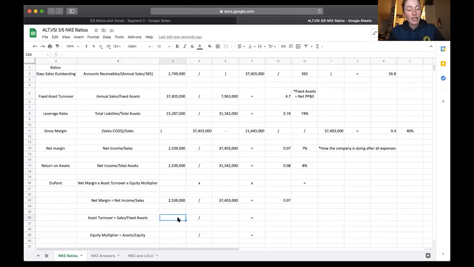And then if you look at your asset turnover, that is the same as their fixed asset turnover, so it's going to be the same thing. And then you divide that and you end up with your 4.7.